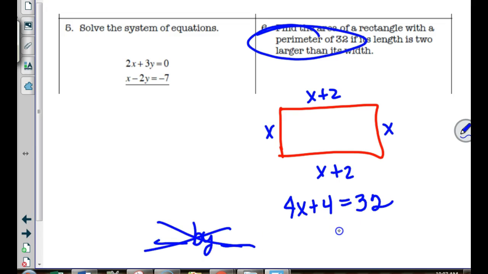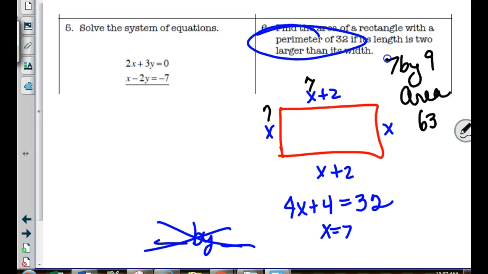Okay, so solve that and what do we get? Yes. So what are the dimensions? If we put a 7 in here and here, we have 7 by 9. So what is the area? Yeah, 63 square units. Not going to write a label.